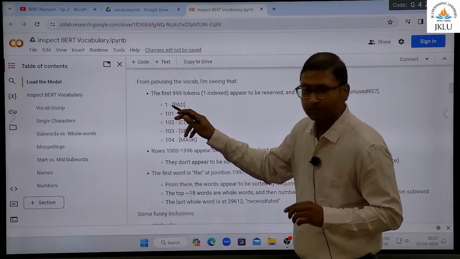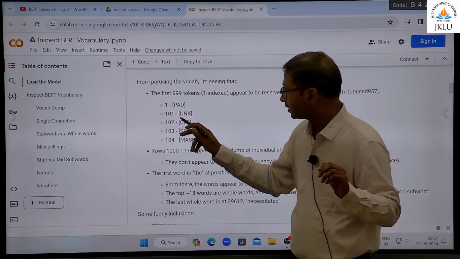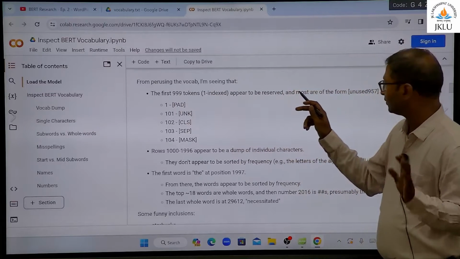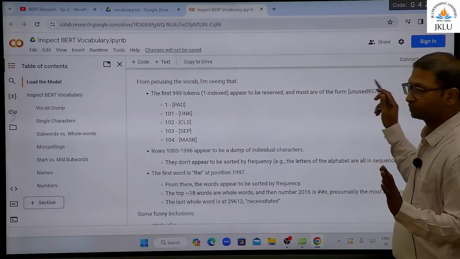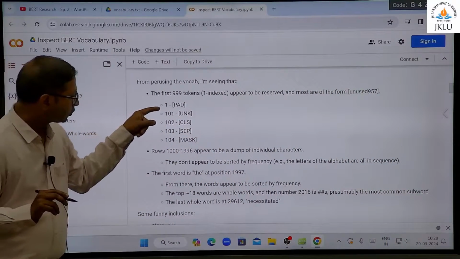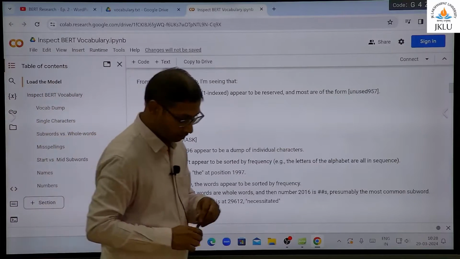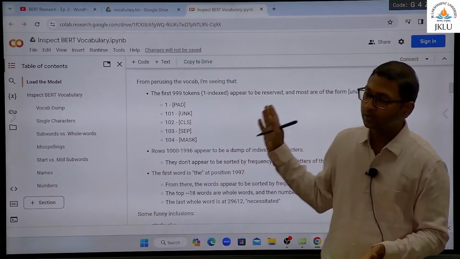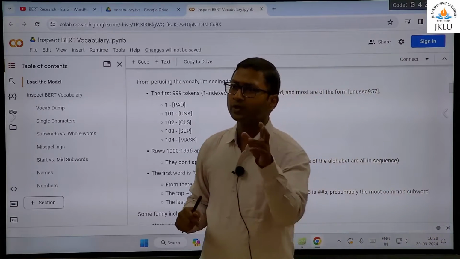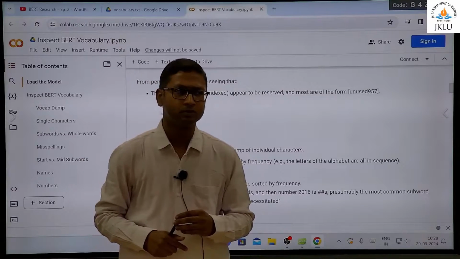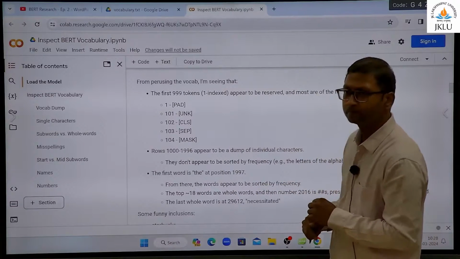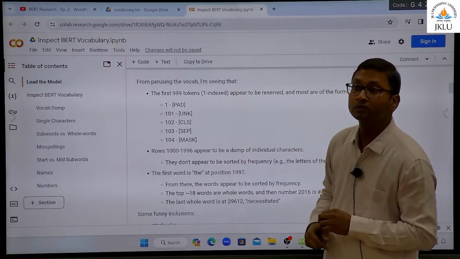So the first token is pad. The first 999 tokens appear to be reserved, and most of them are of this form. Now, 0 is pad, 101 is UNK. What is UNK? Why do we still need unknown? Can anybody search how many Unicode characters there are in total?